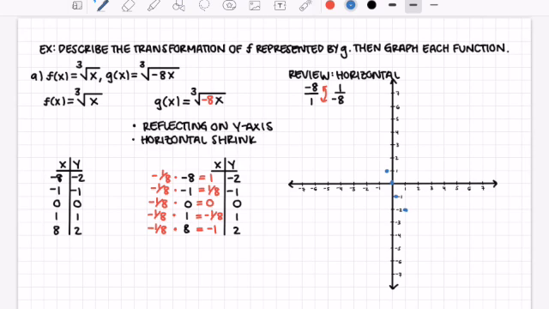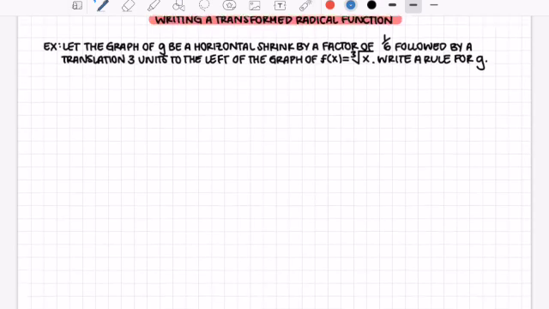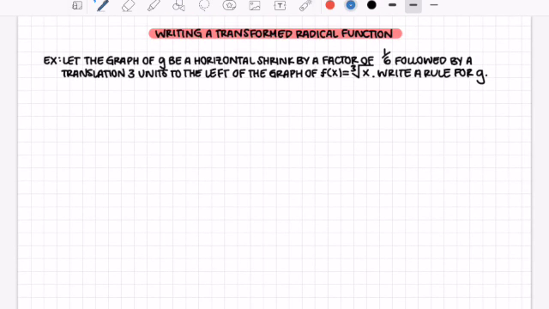And -1 going all the way up to 2. So it kind of looks like an upside down or flipped around S. Like that. And that would be my final answer. Cool. Okay, and the last one is understanding how to write a transformed radical function.